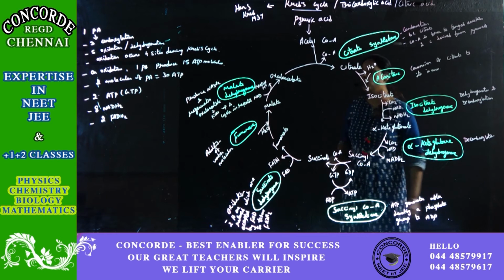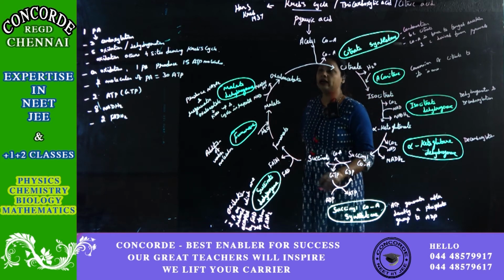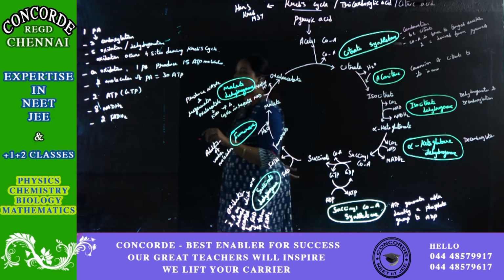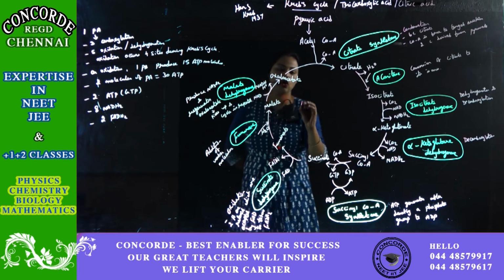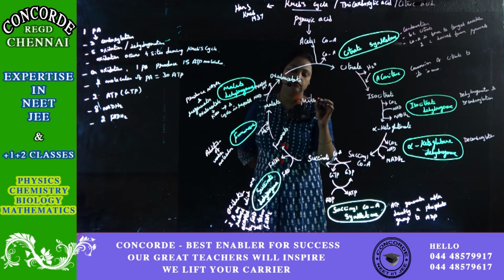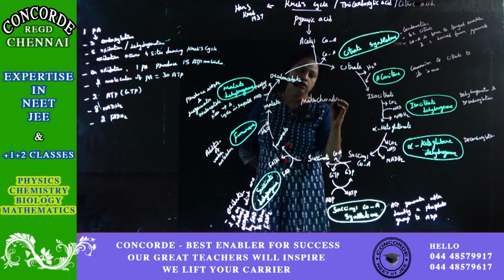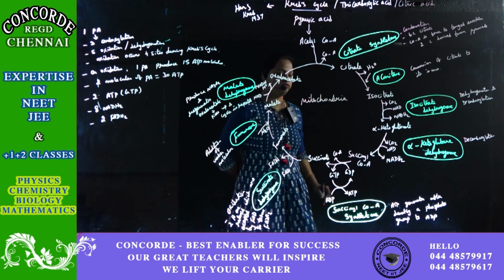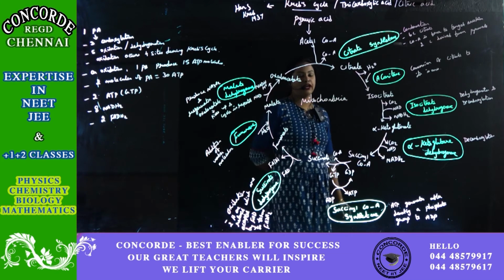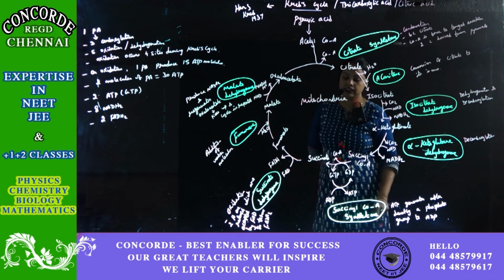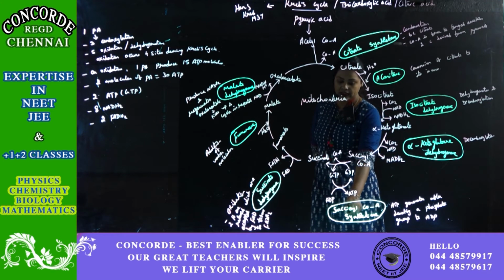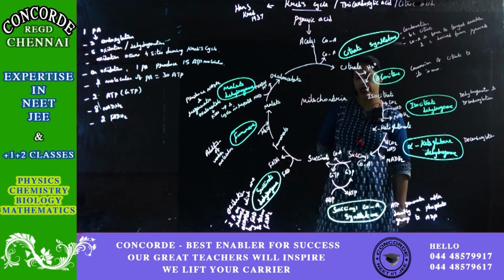Now, as you know, all the Krebs cycle steps will be happening in the mitochondria. All the enzymes will be synthesized except the succinyl CoA enzyme.